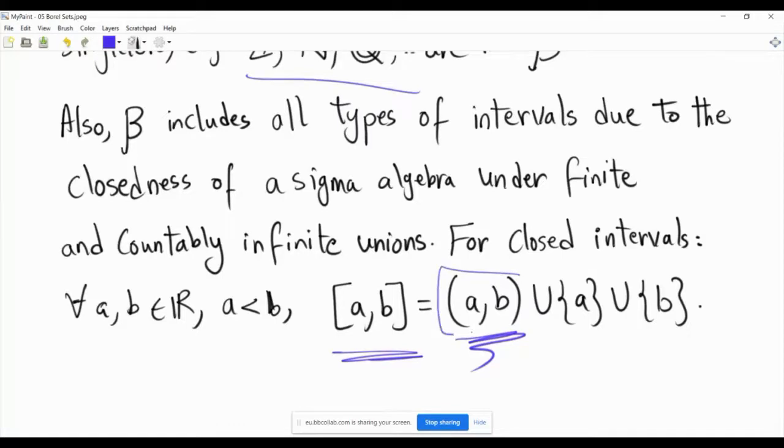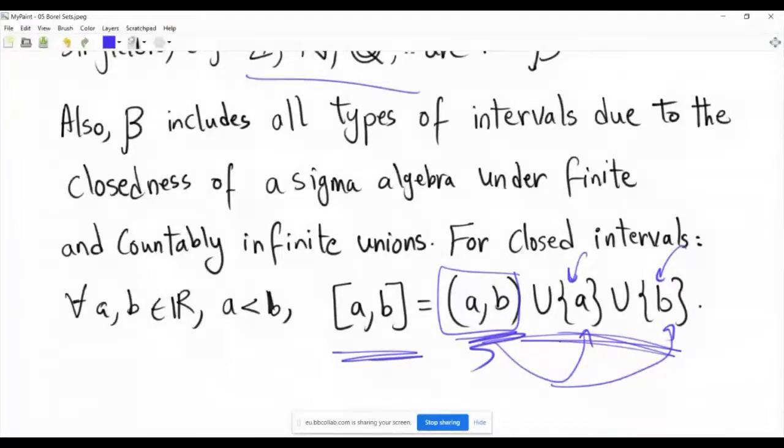So you can take the open interval and combine it with its endpoints, the singleton subset containing A and the singleton subset containing B, and you union the three sets. That's a finite union, so we are guaranteed to have it in our Borel sigma algebra. So the closed intervals are there.